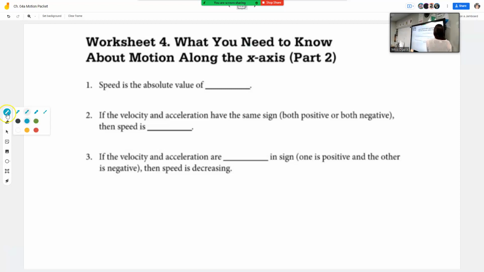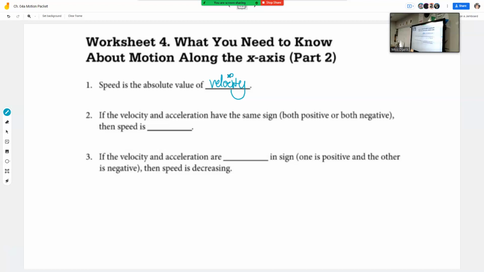Worksheet 4 says speed is the absolute value of what? Velocity. If the velocity and the acceleration have the same sign, say an object is falling, you threw the ball up, it was slowing down to the top of the motion, now it's falling down. Velocity is negative, it's falling down.